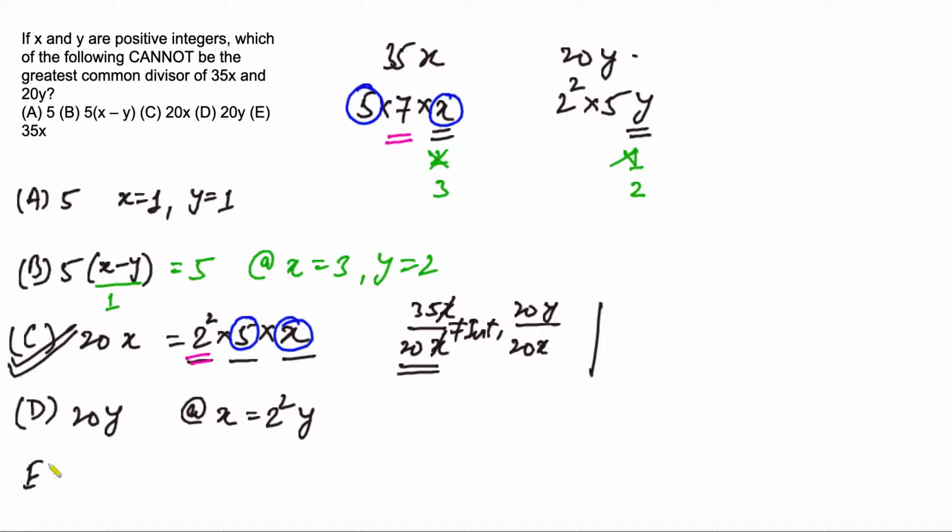Right? And likewise, if I look at option E, which is 35x, then 35x is anyway a factor of 35x, but it can also become a factor of 20y if the value of y becomes 7x. And hence options D and E may be eliminated and the answer becomes option C.